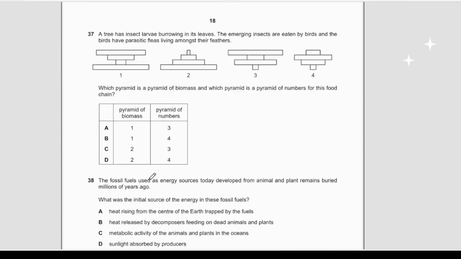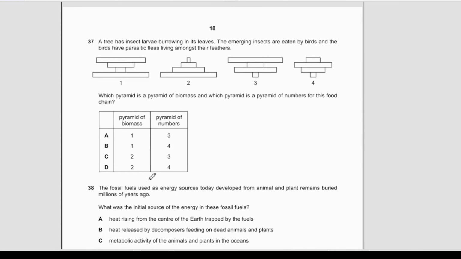There are certain pyramids given. Which one is correct for number and biomass? Now biomass is quite easy. If the base is wider because there are more producers compared to consumers and the tertiary consumer, it's going to be 2. Okay, biomass is 2.